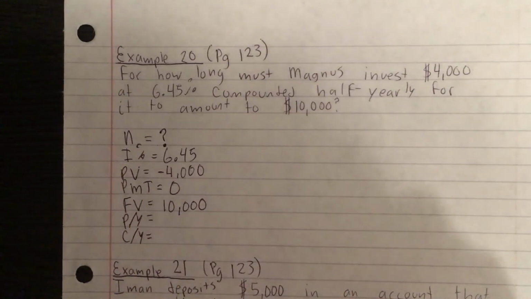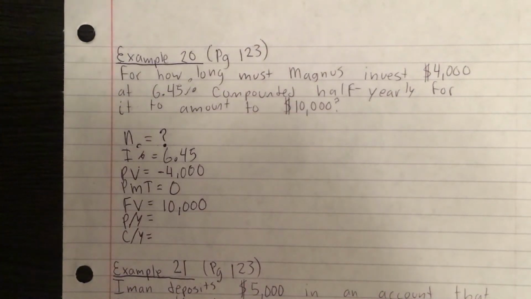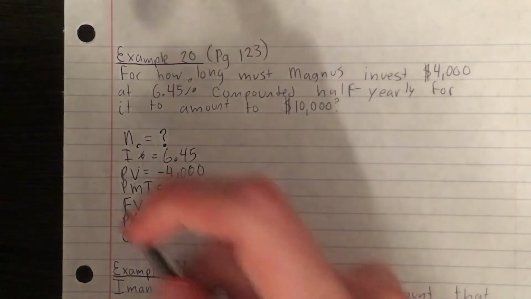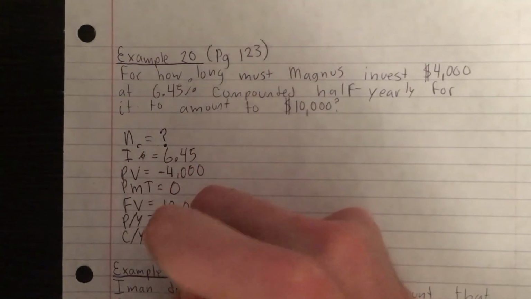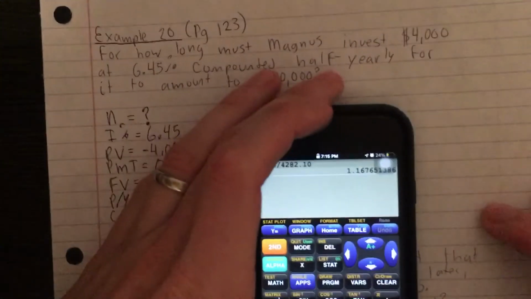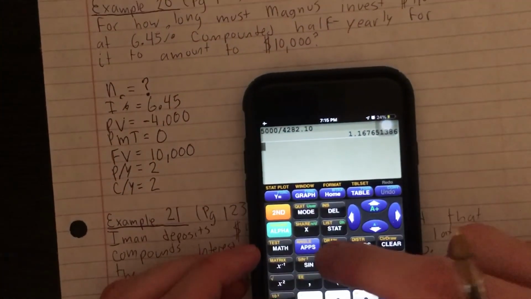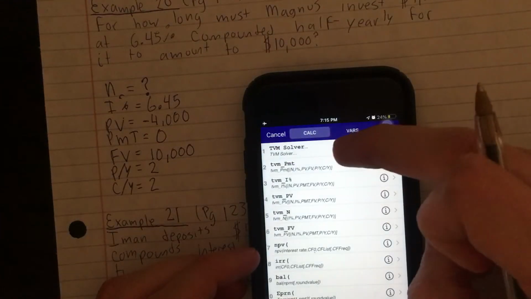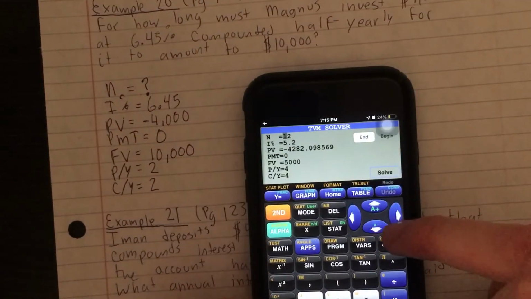And then the payments per year and the compounds per year here are going to be 2, because it's half yearly. So I'm going to fire up the old trusty TVM solver again. Apps, we're learning about finance. We're doing the TVM solver.